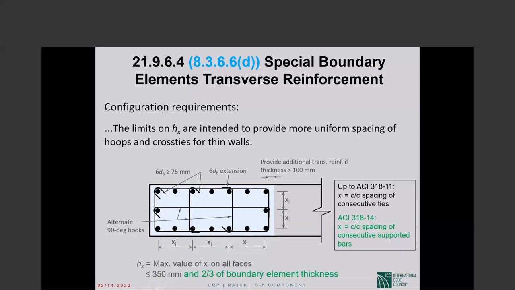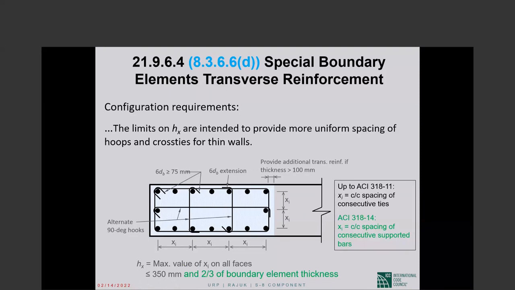In 318-14, it became the center to center spacing of consecutive supported bars. So there is a subtle difference. It's minor, but again, it is a change. X sub I is the spacing as you go around the perimeter, and the highest value of X sub I is H sub X, and that cannot exceed 350 millimeters.